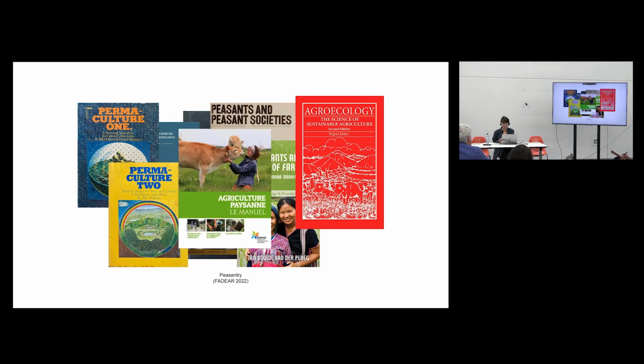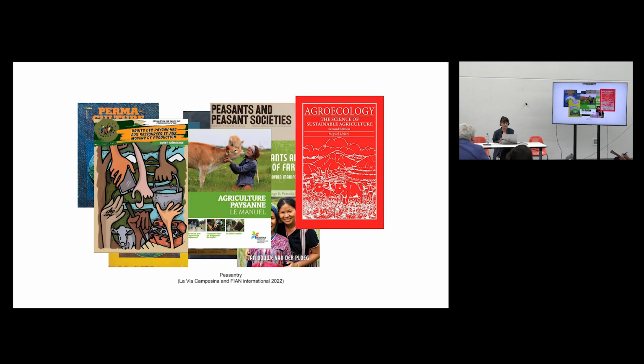Lastly, I want to say that peasant today is a proud self-designation. This goes back to a lot of contemporary organizations, such as the Confédération Paysanne in France, Uniterre in Switzerland, or Via Campesina, that are reuniting these different peasantries around the world.